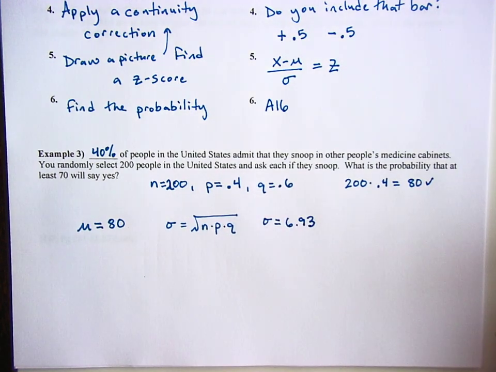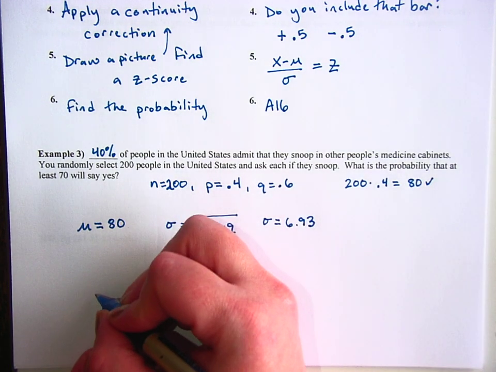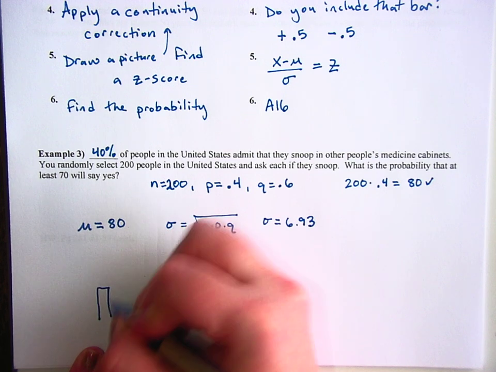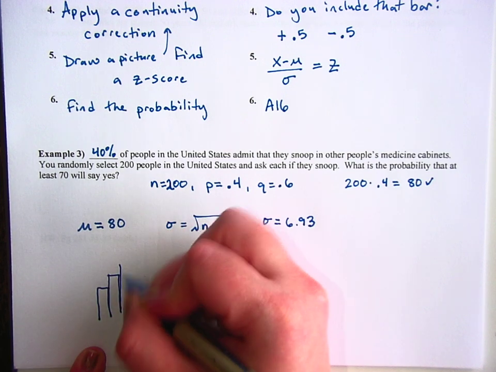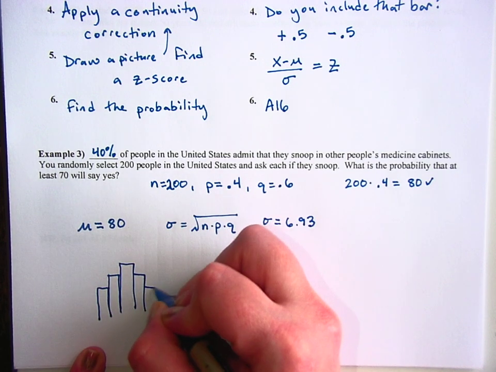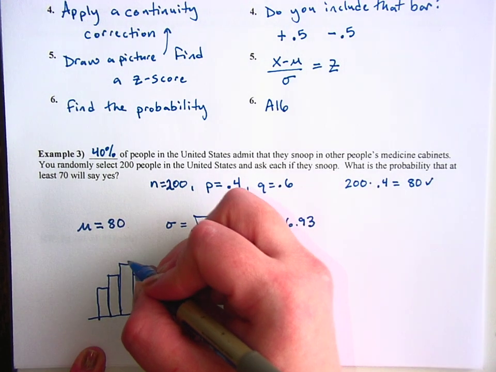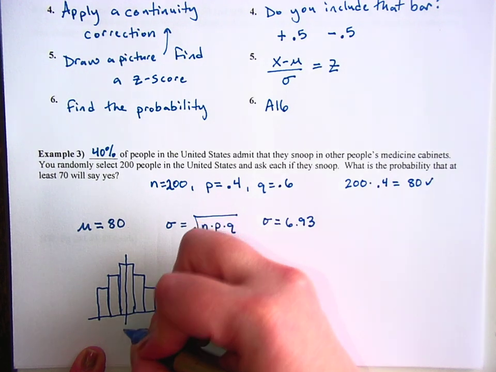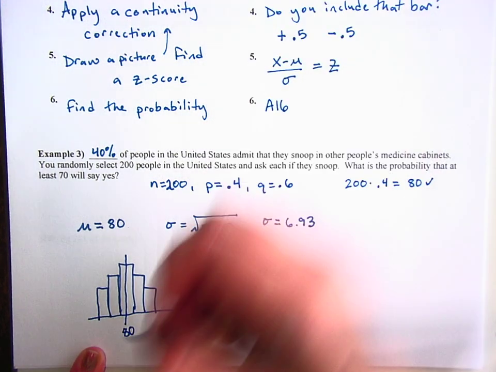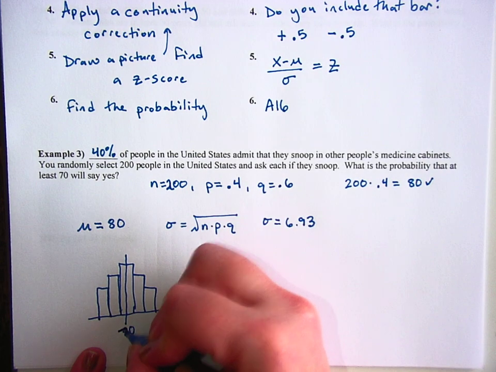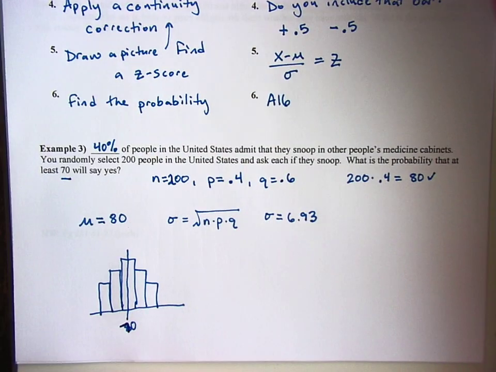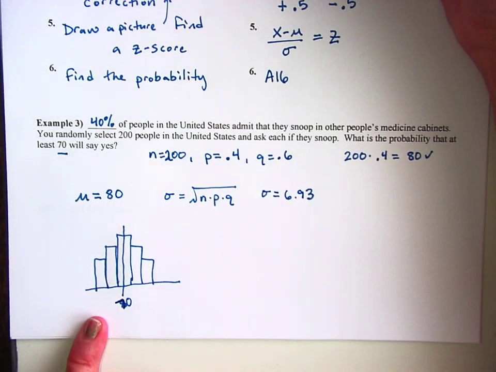Okay. All right, now I'm going to draw a picture and figure out my continuity correction. So I'm just going to draw a teeny little bar graph here. Beautiful. And let's say that 80 is this one. Okay, or no, 70, because 70 is what I care about. 70 is right there. It says at least 70 will say yes.